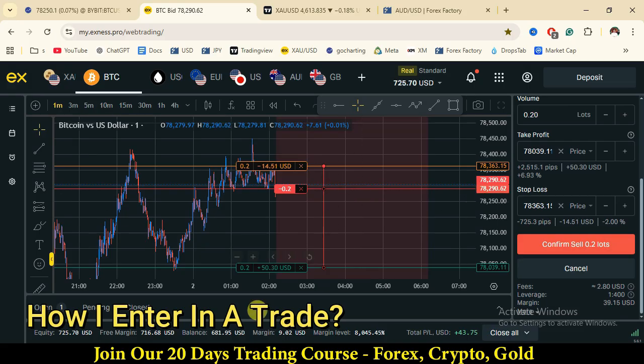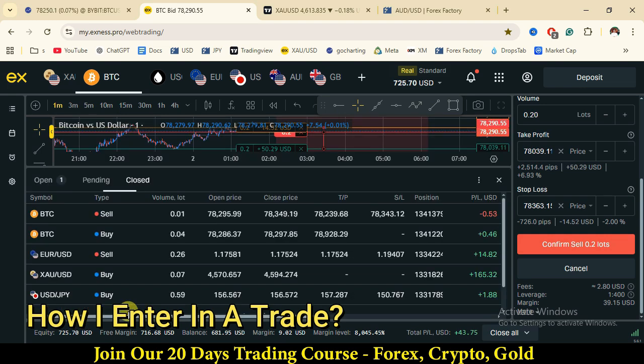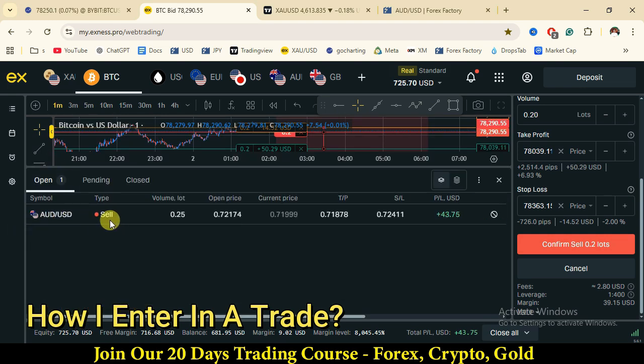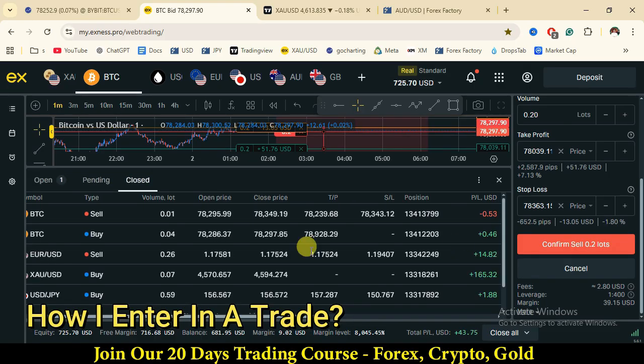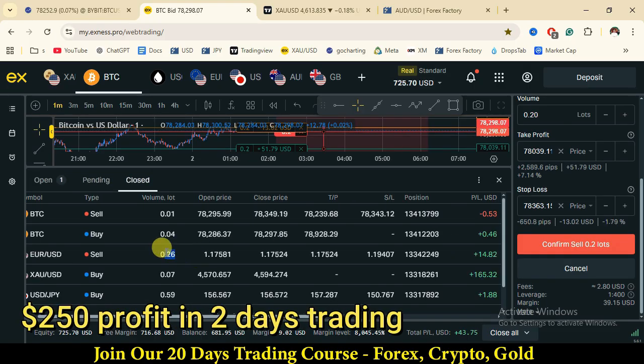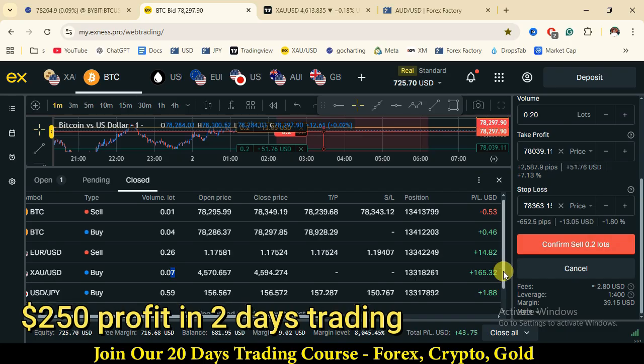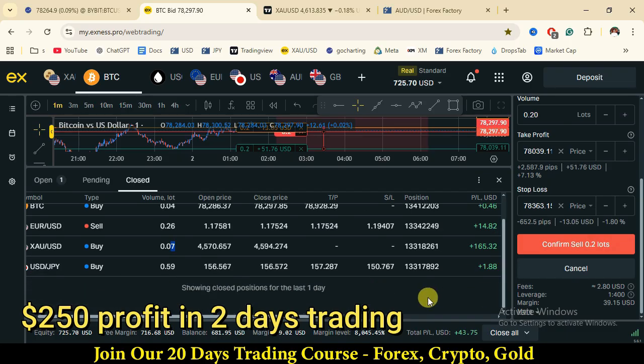In just 2 days, including this trade, you can see the lots that I entered, only $7, 7 lots I entered in trades, and you can see the profit. So you don't need money for trading, you need the right knowledge. If you have the right knowledge, you can do everything.